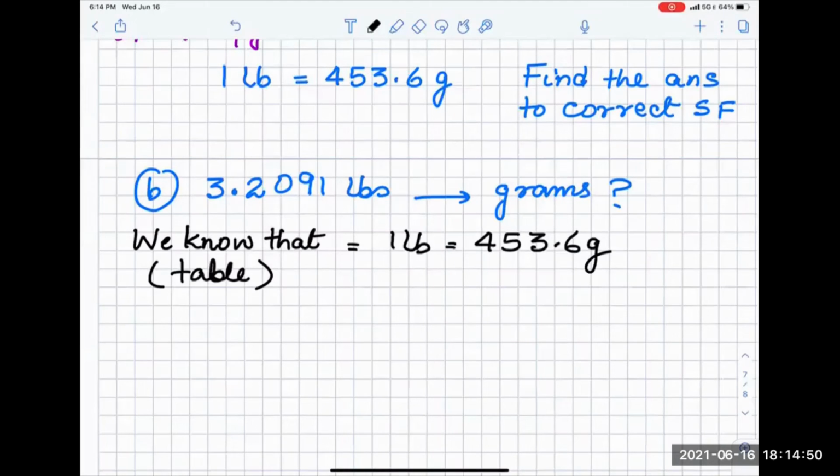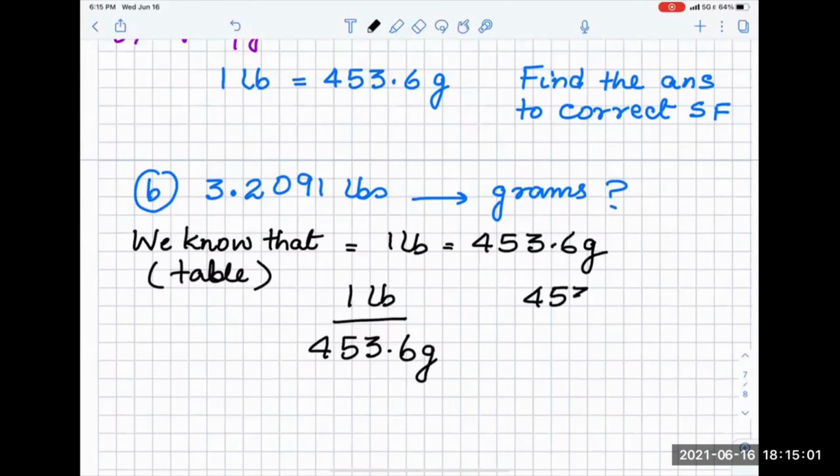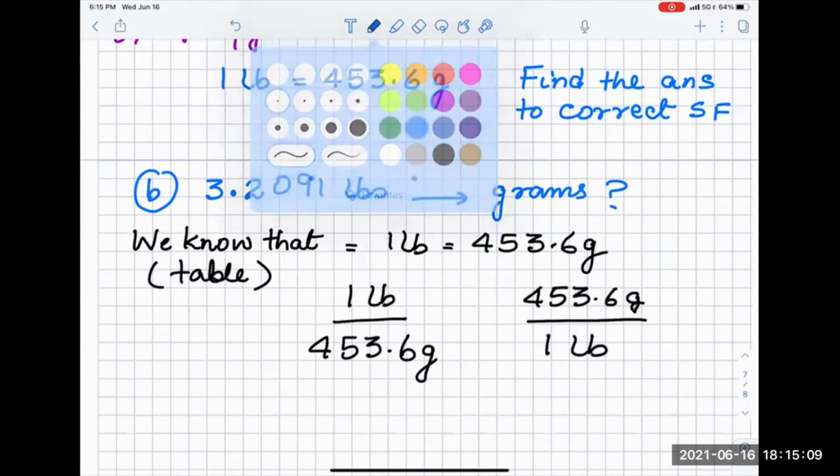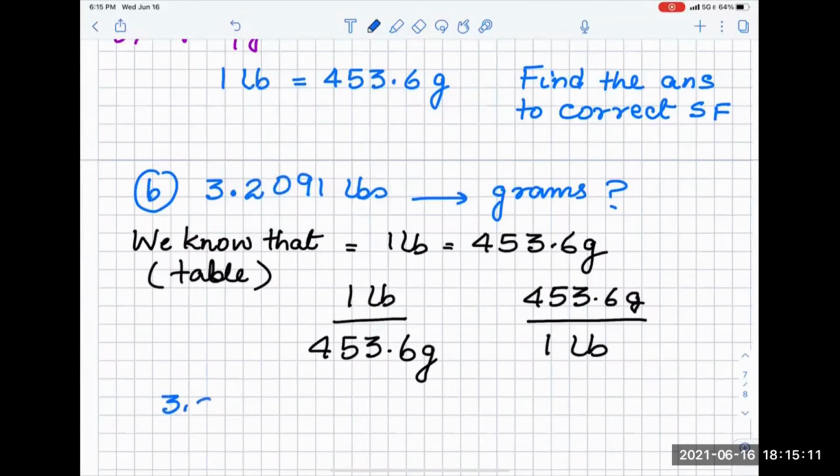So the conversion factors are 1 pound over 453.6 grams, or 453.6 grams over 1 pound. So write down the given, which is 3.2091.